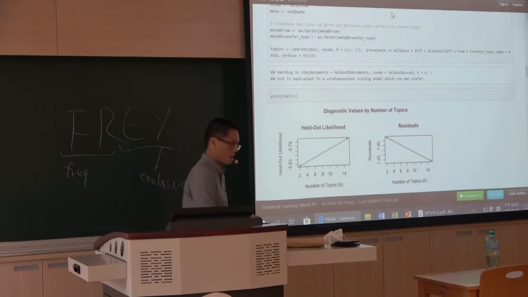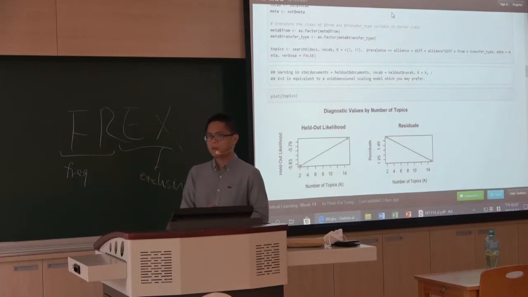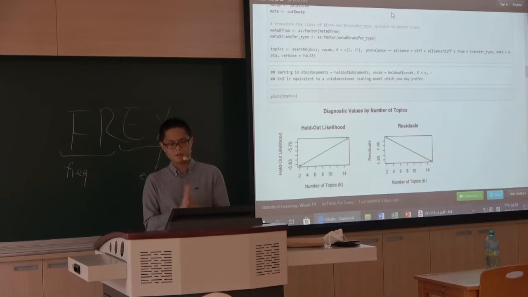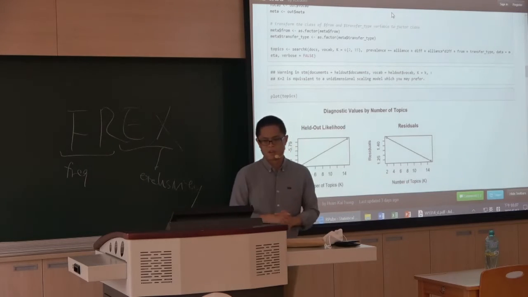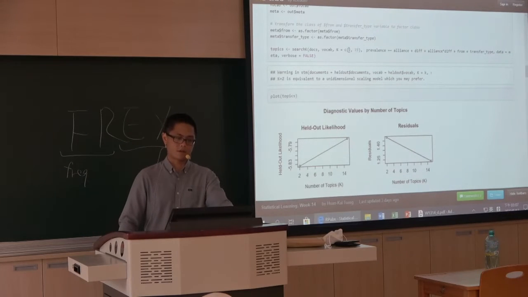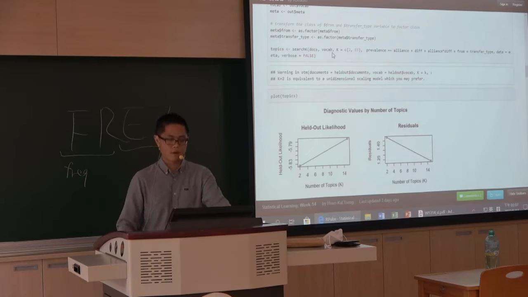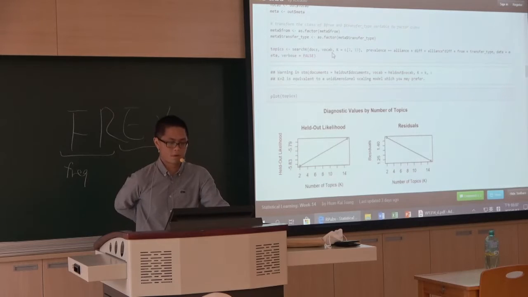Then, as you have become familiar with from last week's lecture, we need to have some intuitive sense about how many potential topics are in the document. So actually, the STM package provides a handy function for this called searchK. It will identify the ideal number of topics for you.